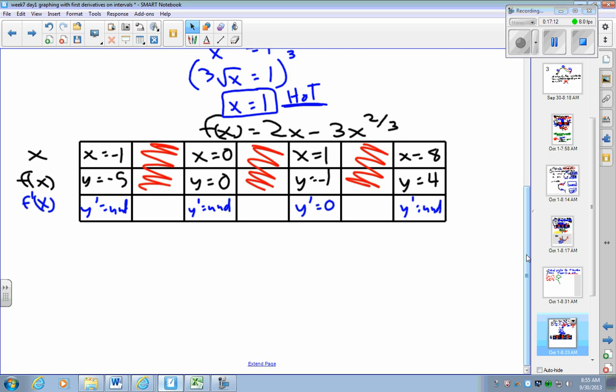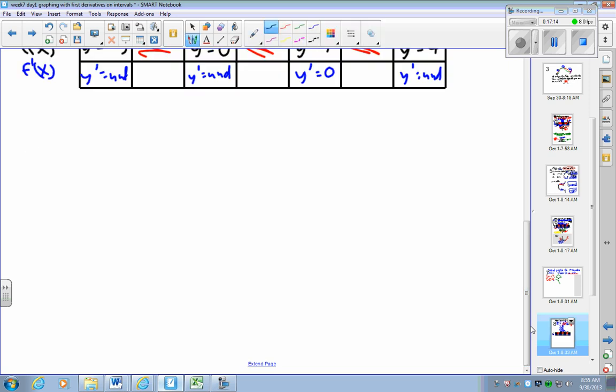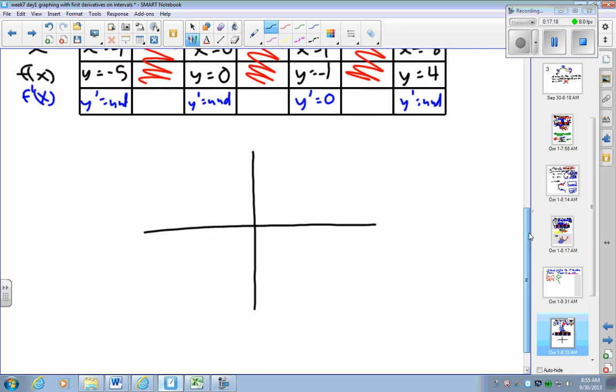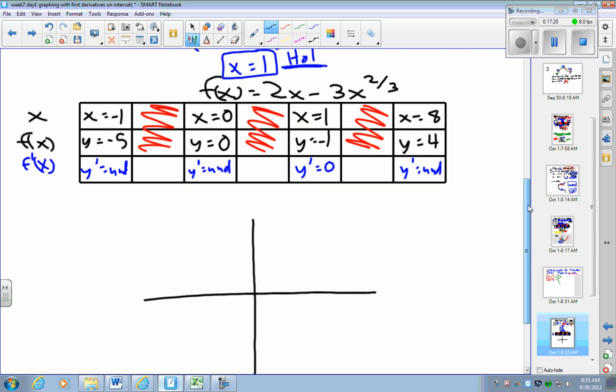Now, if you want, let's plot it out first by saying, let's see, 1, 2, 3, 4, 1, 2, 3, 4, 5, 6, 7, 8, 8, 4, 1, -1, 0, 0, and -1, 1, 2, 3, 4, 5.